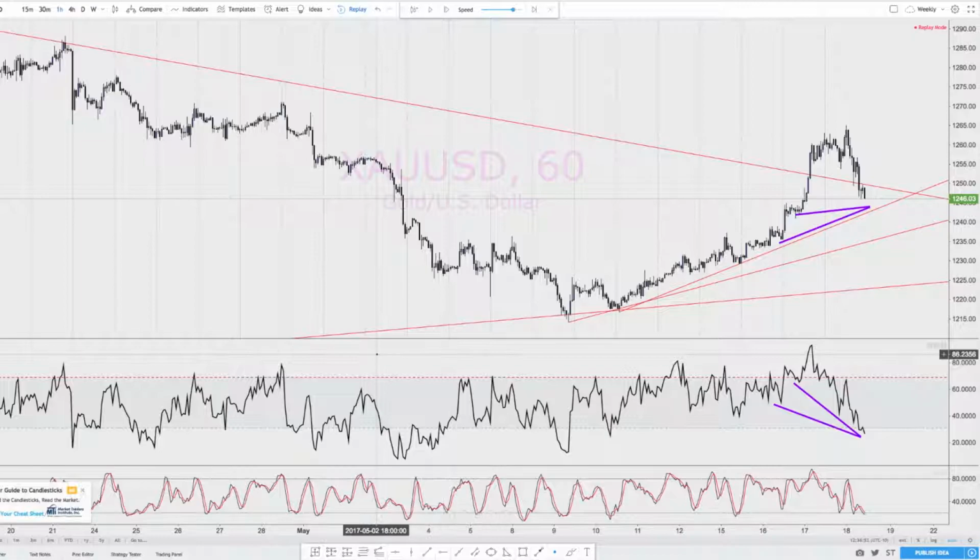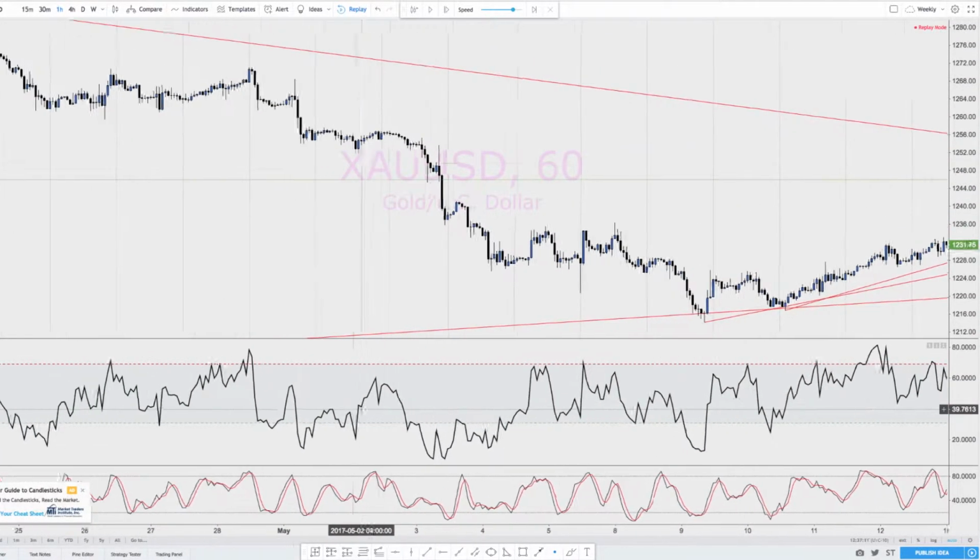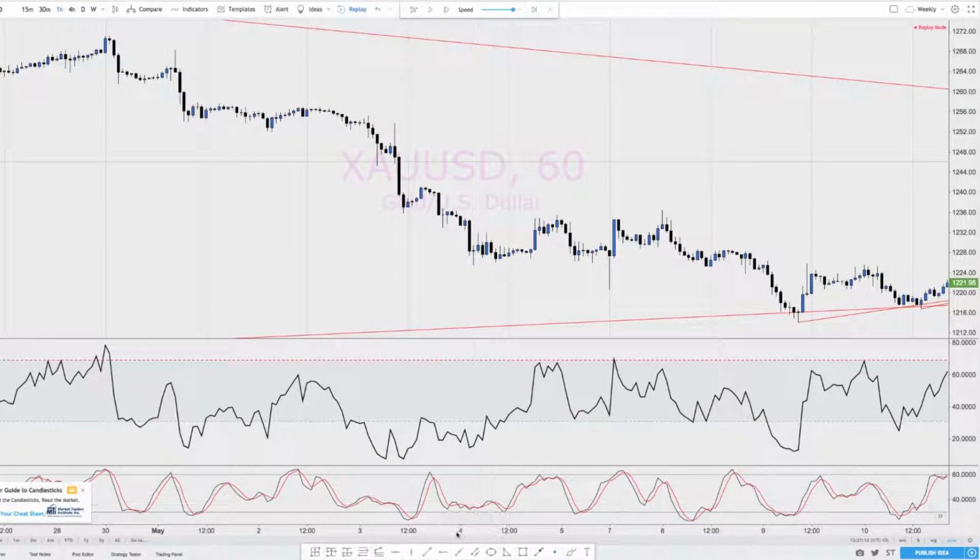So we want to look for lows in the RSI. Let's see, any obvious divergences. Okay, here we have a bearish regular divergence. So this is a bearish divergence in a bearish trend, which is what I'm looking for.